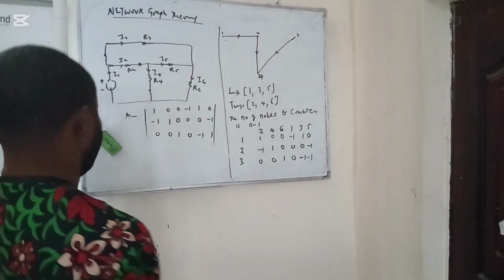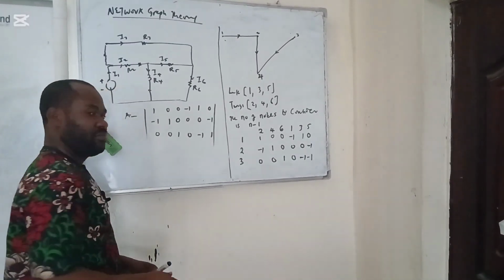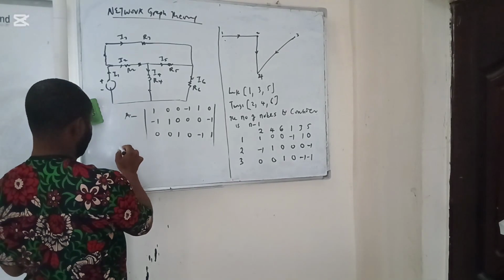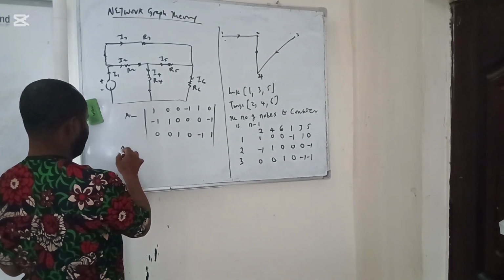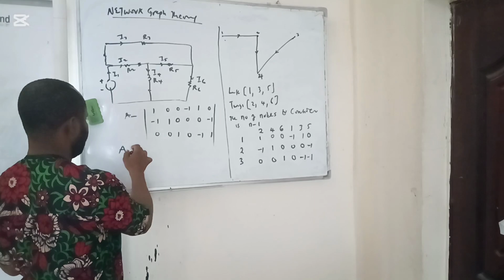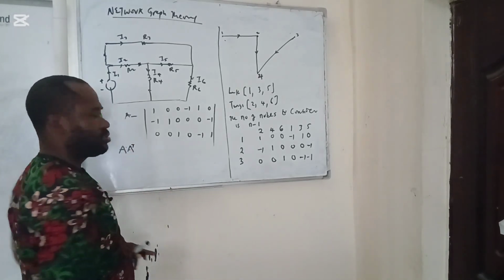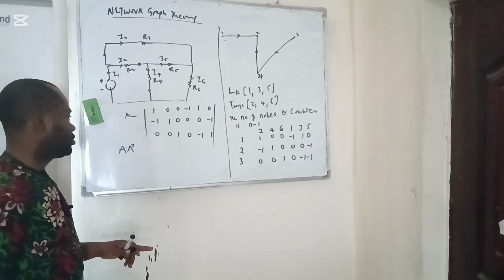So having generated the matrix, we want to say that the matrix is A dot A transpose.